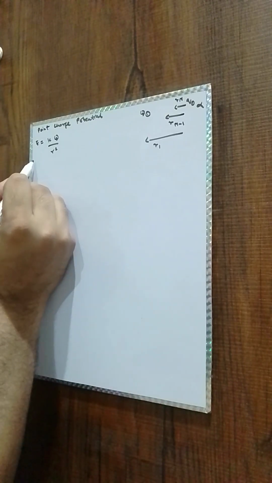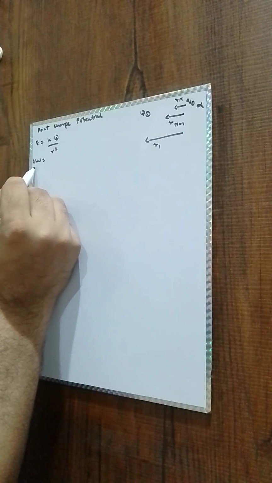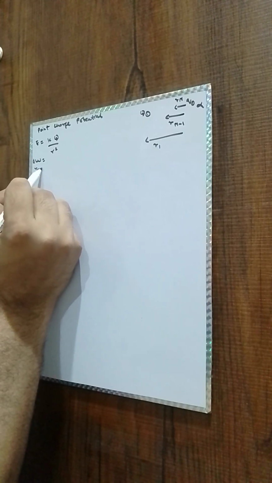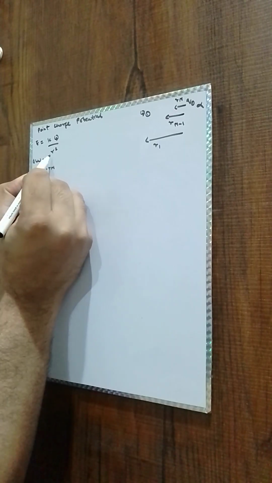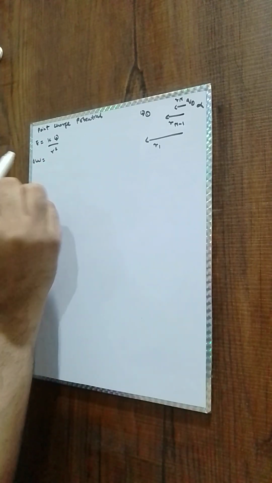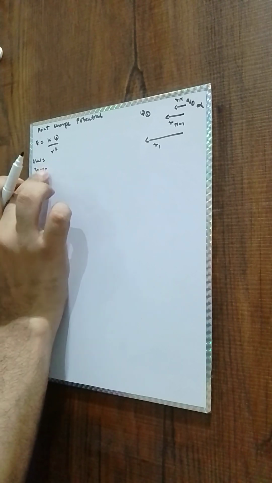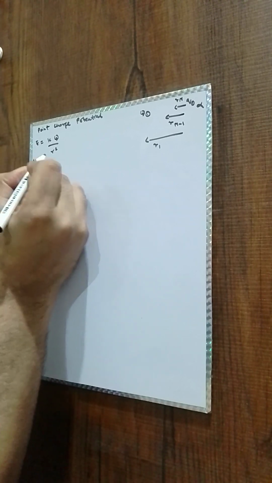The differential work done would be basically force into distance. Work is equal to differential work from one point, let's say n minus 1 to Rn, initially Rn to Rn minus 1.